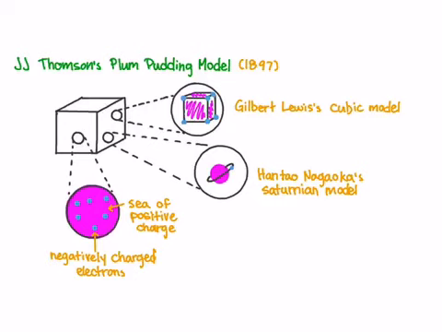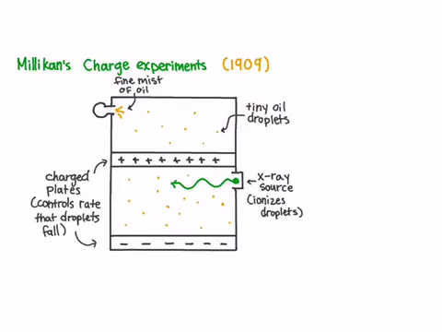With the discovery of this new subatomic particle, the electron, scientists were interested to know more about its properties. In 1909, Robert Millikan set out to determine the charge of this new particle by watching tiny charged oil droplets fall in a special chamber. He was able to determine the charge on each drop of oil that fell.